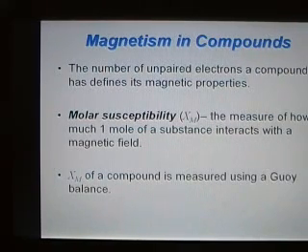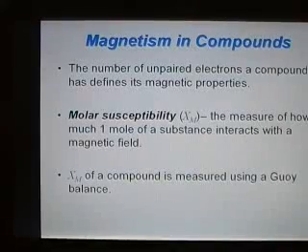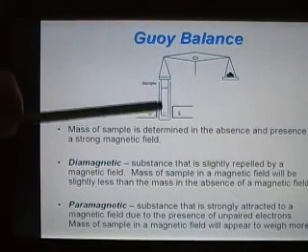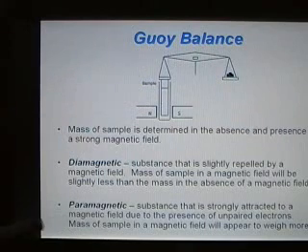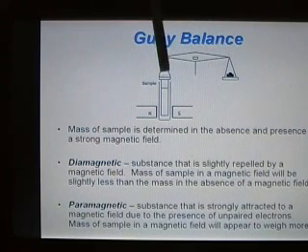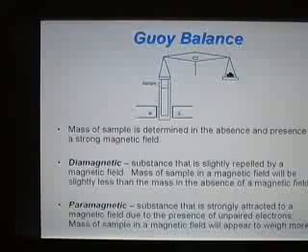We measure the molar susceptibility of a sample using a Gouy balance. So here's how a Gouy balance works. You take your sample, put it in a can, and suspend it from one end of the balance. On the other end is a weight equal to the mass of the sample.